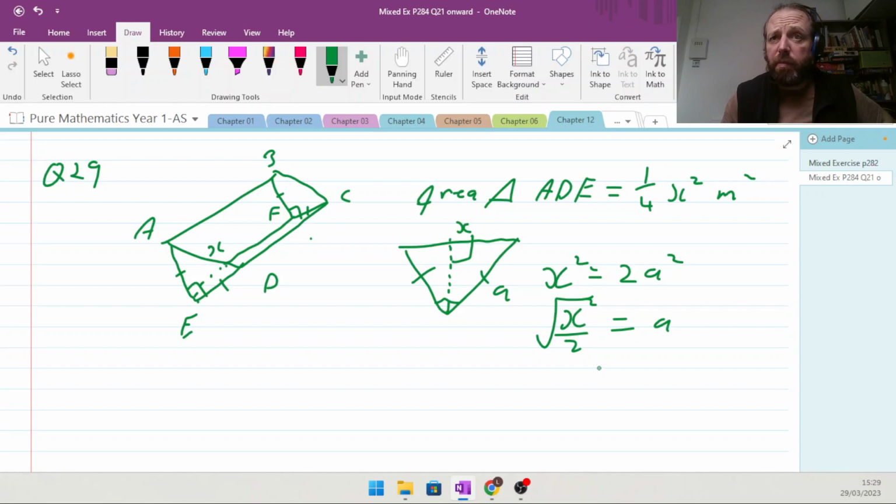I've lost how to do Pythagoras, how annoying. Okay, so x over the square root of 2 equals a, and then we can use that to work out the sides of those ones.